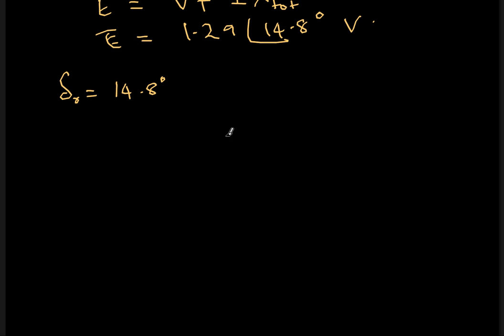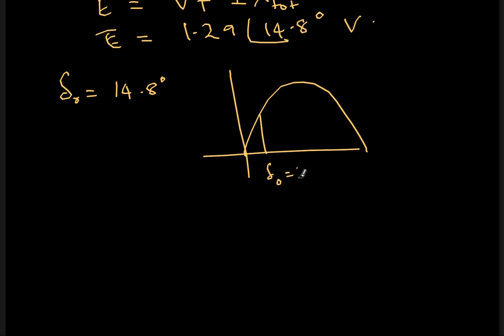Now talking about stability, my operating point delta naught is 14.8 degrees. Therefore, what will be my delta max? Delta max will be nothing but pi minus 14.8, or 180 degrees minus 14.8 degrees.